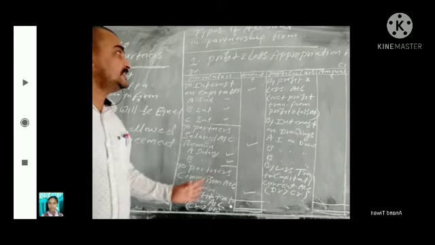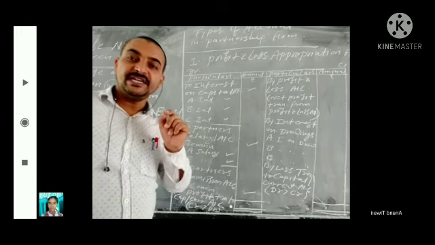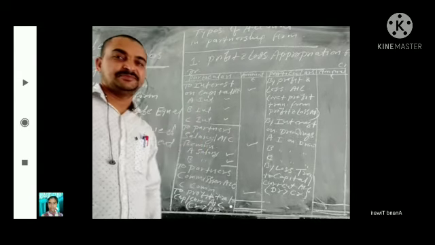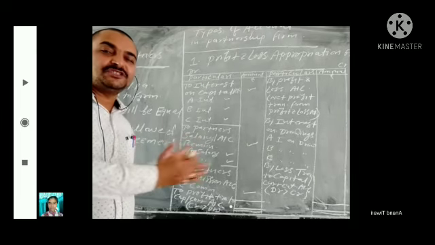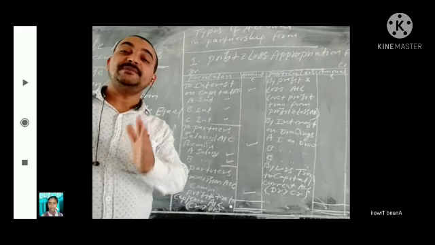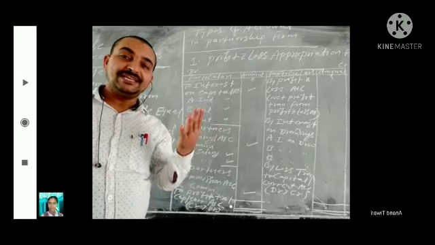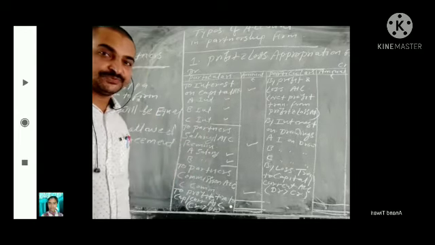This is the format of profit and loss appropriation account. And in this account, whatever the balance is, you have to distribute among the partners in their agreed ratio, and if there is no agreement, then in equal ratio.